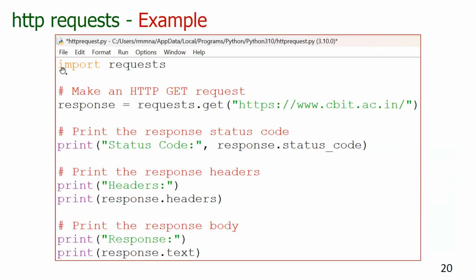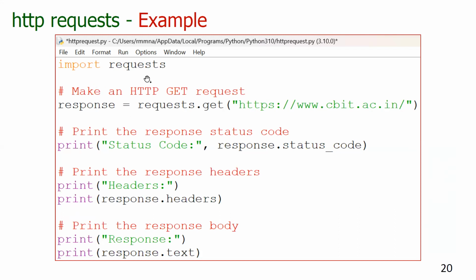So directly I am using import requests in my program. The remaining everything is the same as our first program, that is the http.client library, the new name used in version 3 and above.